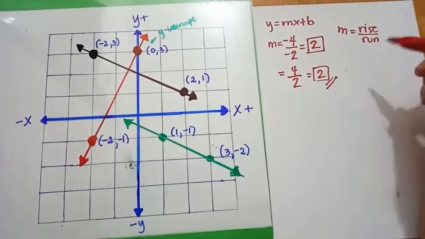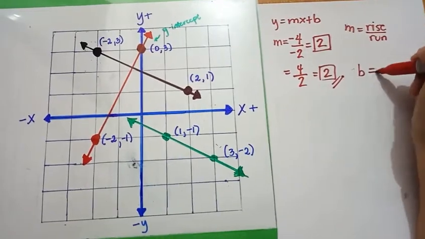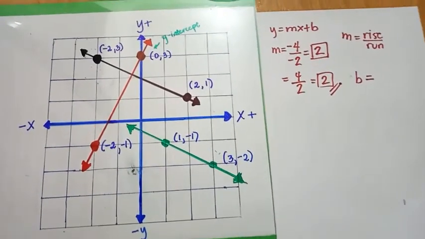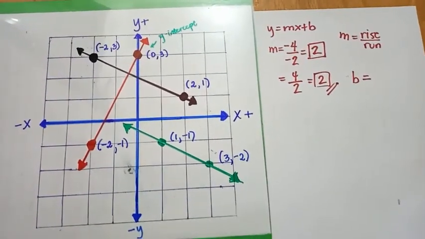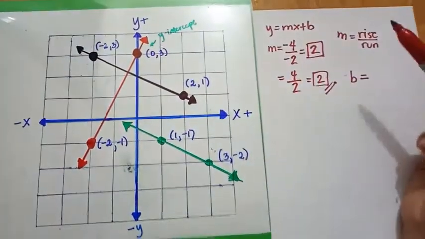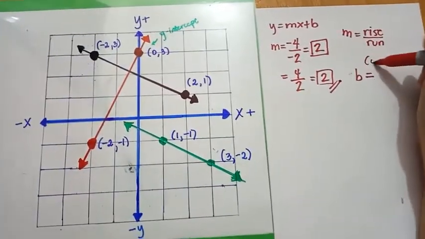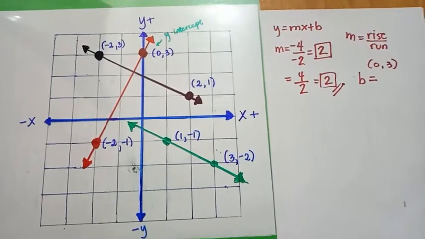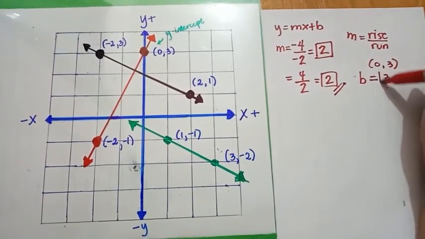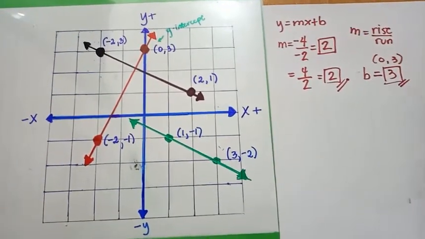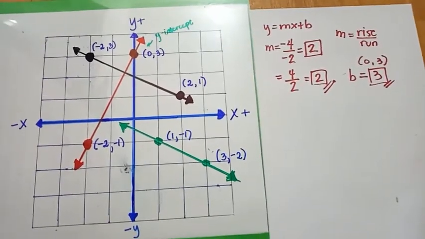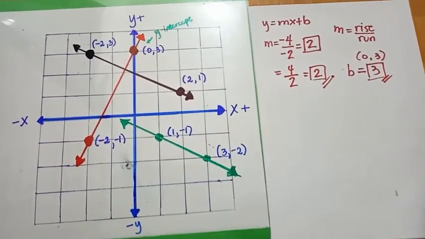Now, the y-intercept will be kung ano yung y-coordinate ng ating y-intercept. So, since our y-intercept is 0, 3, our b will be 3. So, if that's the case, what will be the equation of our line?